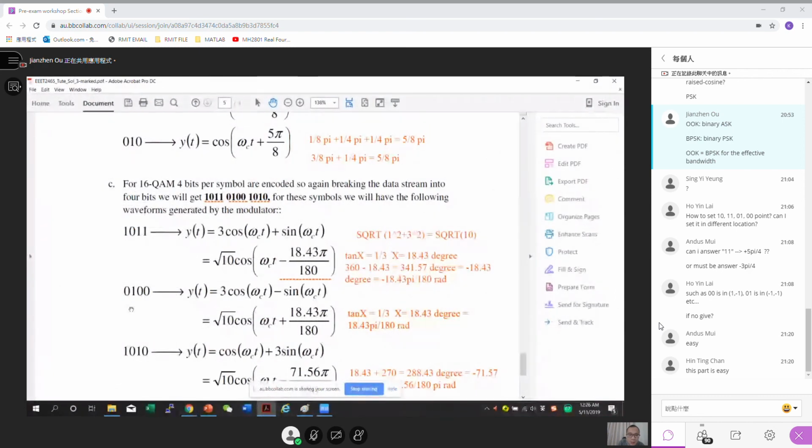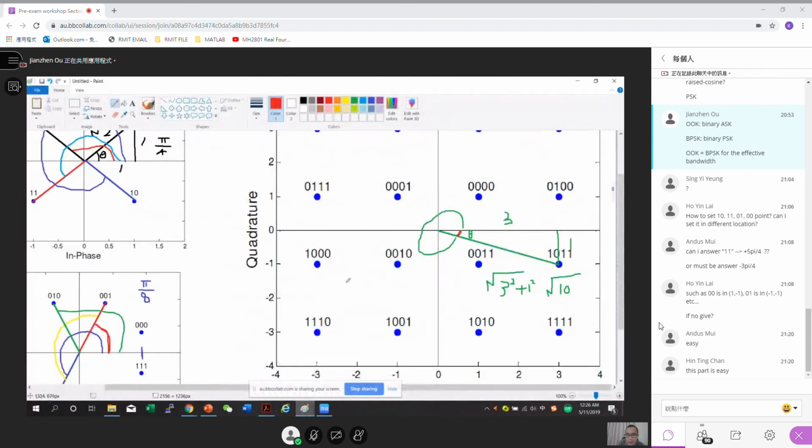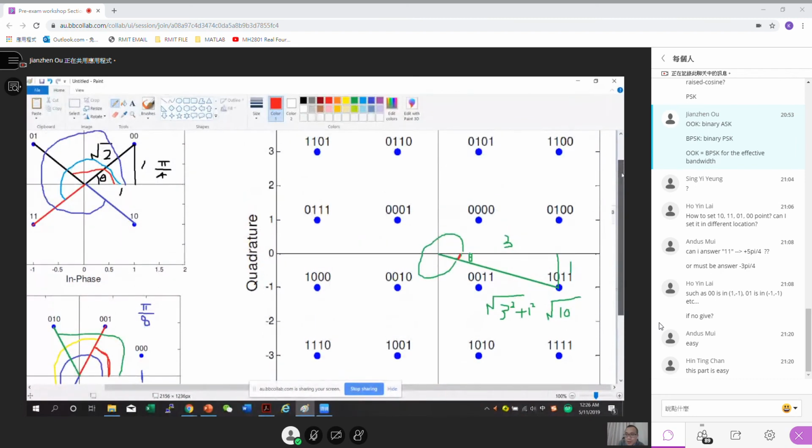Then the second one is 0, 1, 0, 0. Okay, here, right? I use another color.